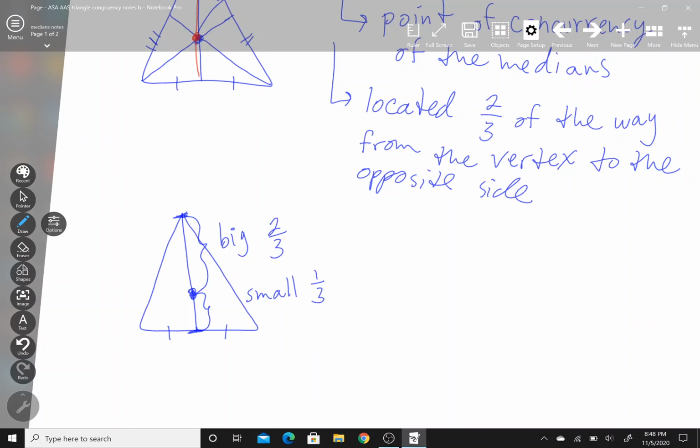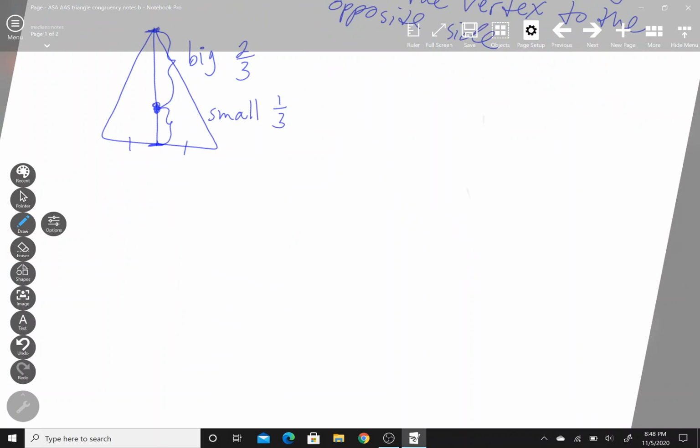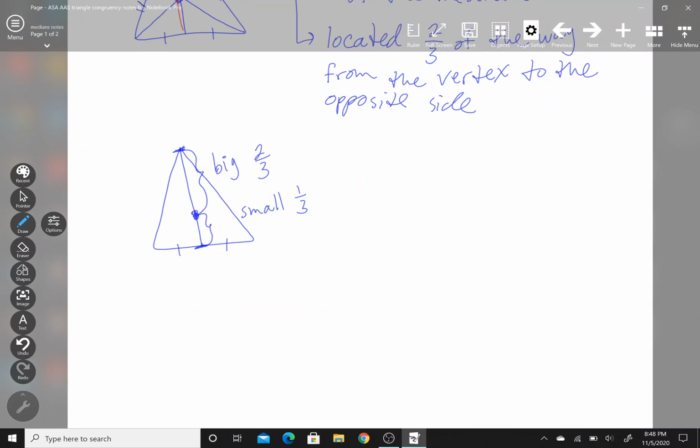So there's a couple of formulas that we use for the medians. Your big piece is equal to 2/3 times the whole thing, and your small piece is equal to 1/3 times the whole thing. And then you have to notice, look at the big one and the small one. The big one is 2/3, whereas the small one is only 1/3.